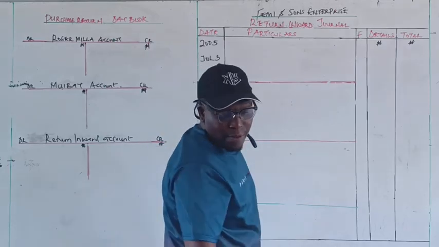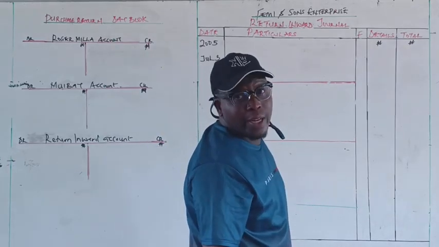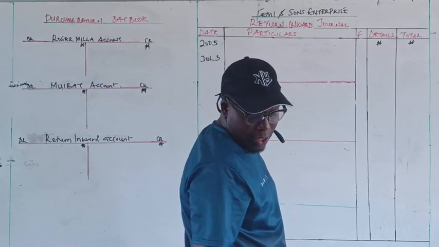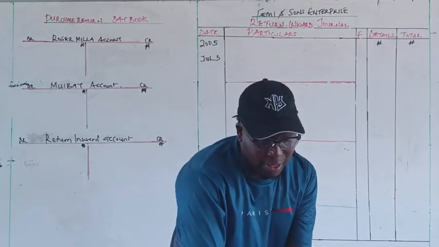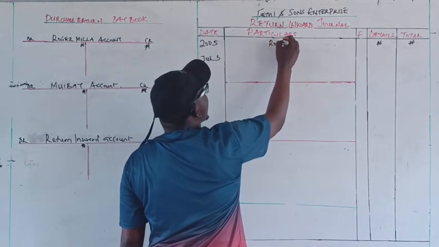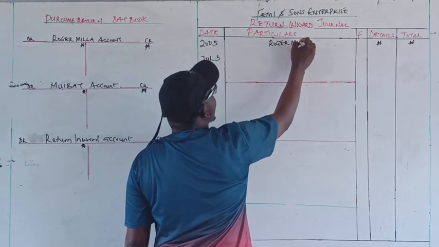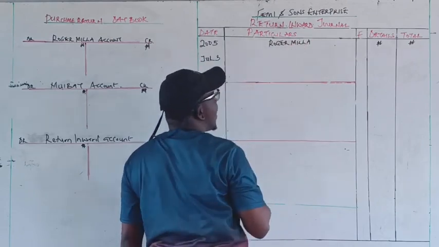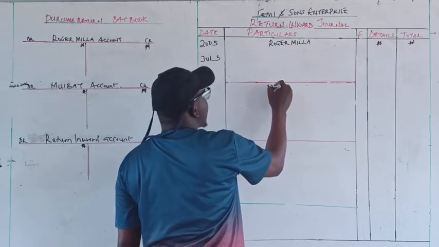So we have two customers returning their goods back to Femi and Sons, and these customers include Rojamila and Muibat.